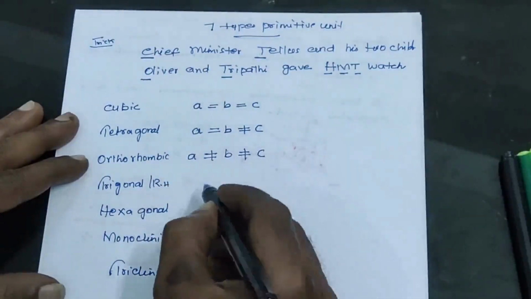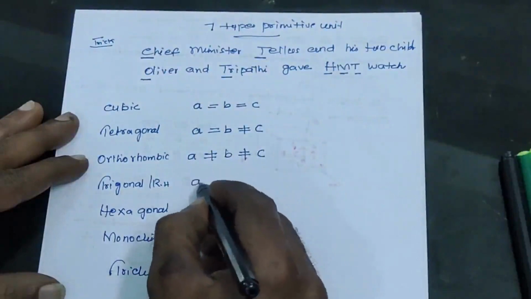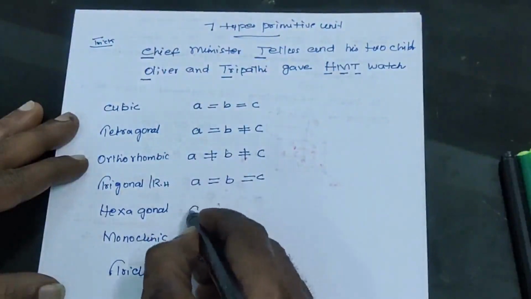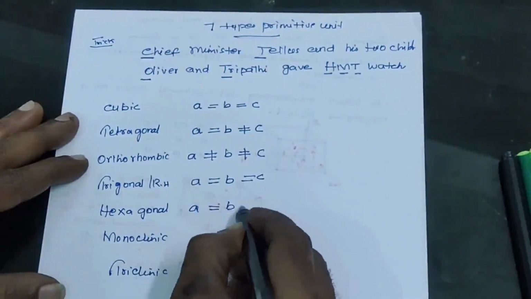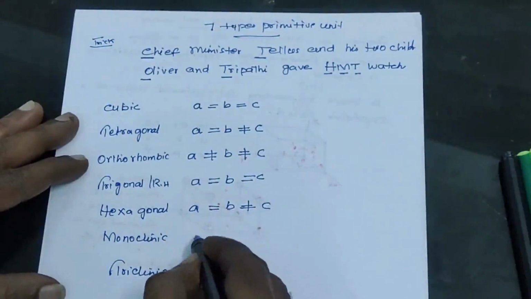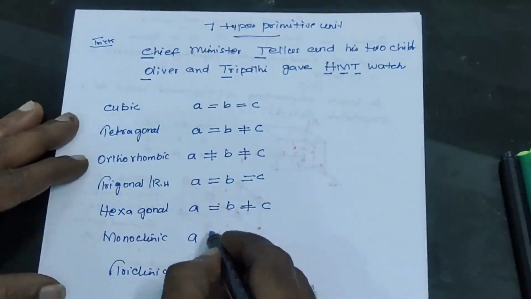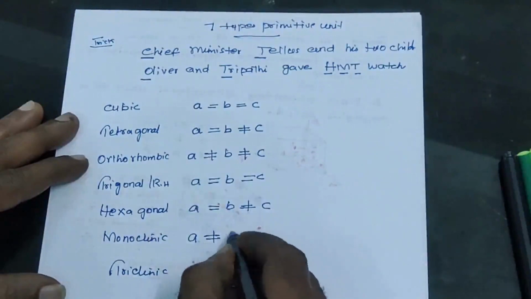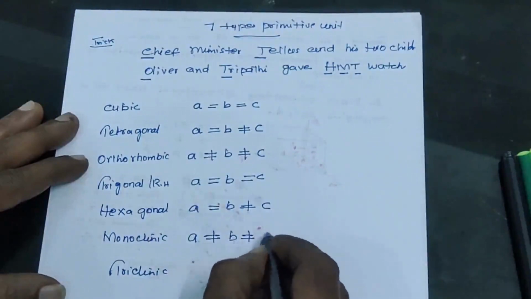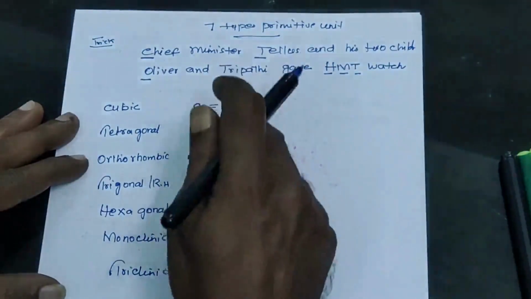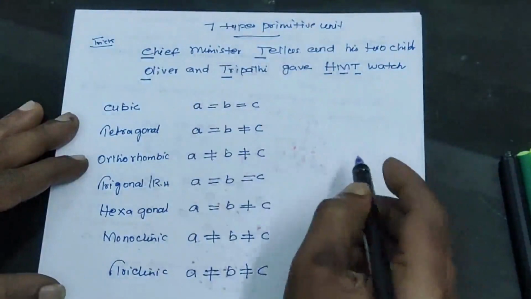Again, a = b = c, then a = b not equal to c. The last two: the sixth one is like the third one, a not equal to b not equal to c. Here also a not equal to b not equal to c. So the first three, then the next three follow the same sequence.